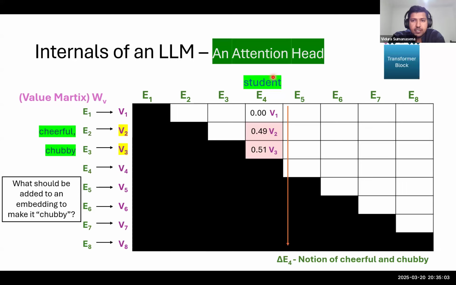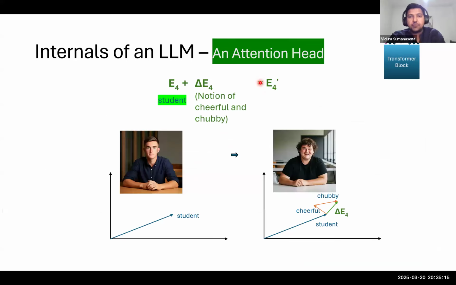Then, based on the attention pattern, we weight these changes and get a sum of changes that has to be applied to this student embedding. Initially we have student. Now we have this delta E4, which shows this cheerful and chubby idea, and you add it to get the resulting vector. You don't actually add it here, but you can think of it as adding.